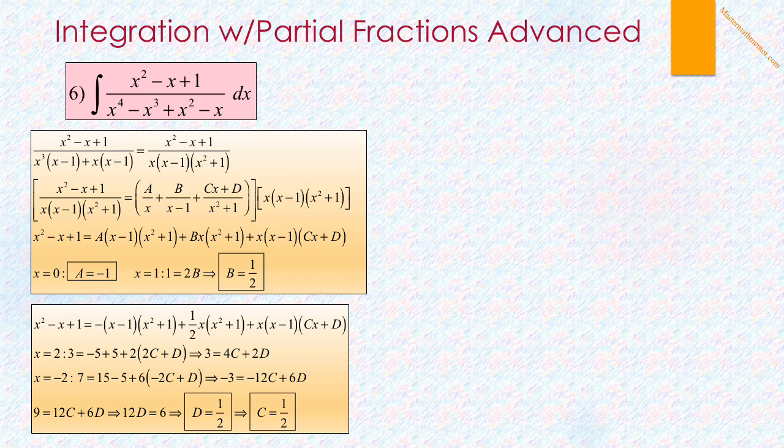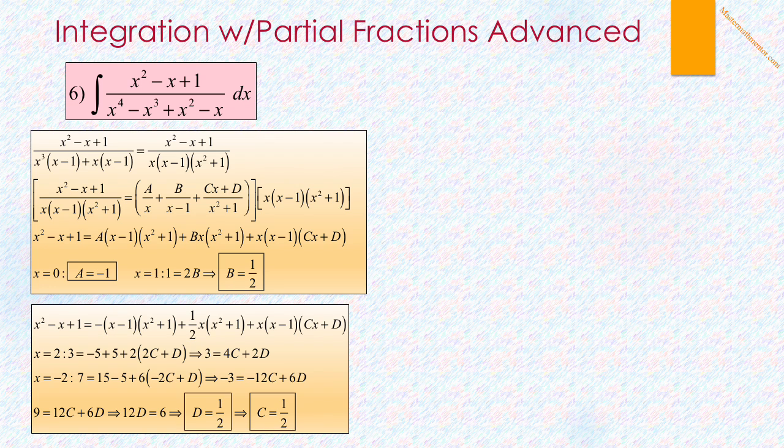Rewriting our equation, we get x squared minus x plus 1 equals -(x minus 1)(x squared plus 1), plus 1/2 x(x squared plus 1), plus x(x minus 1) times (cx plus d). We need two equations now to solve for c and d. So we will let x equal 2 and -2.